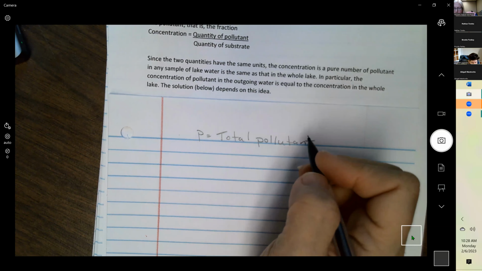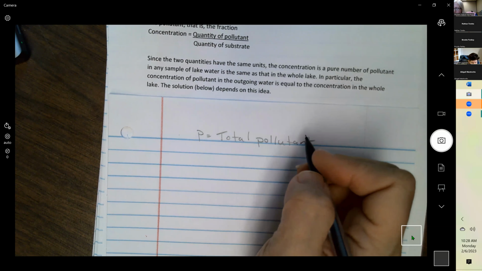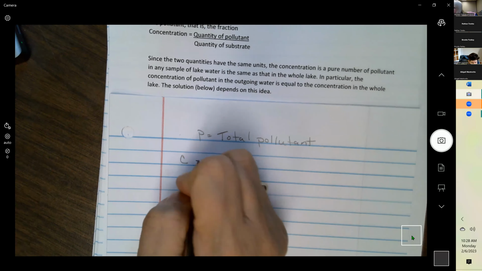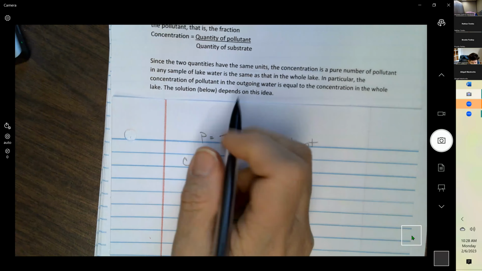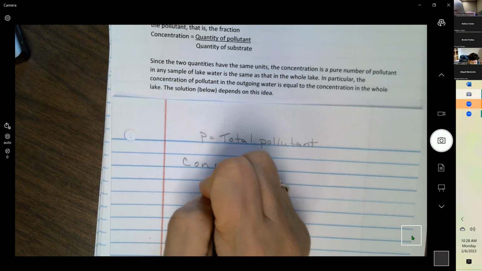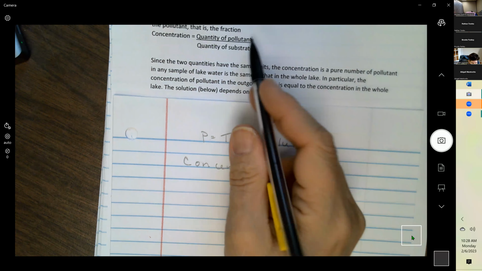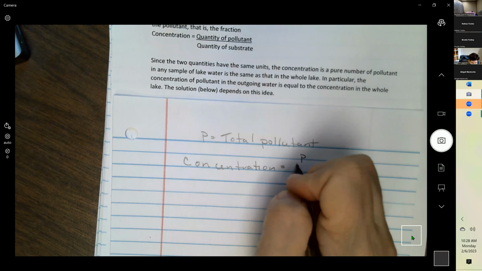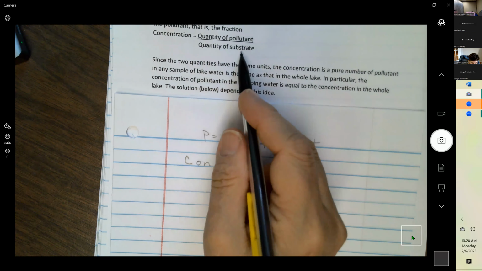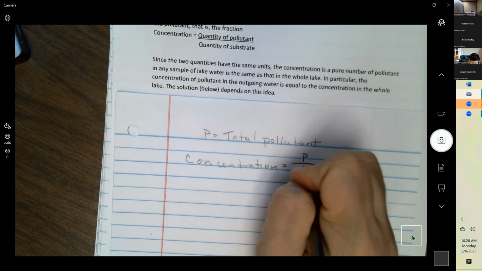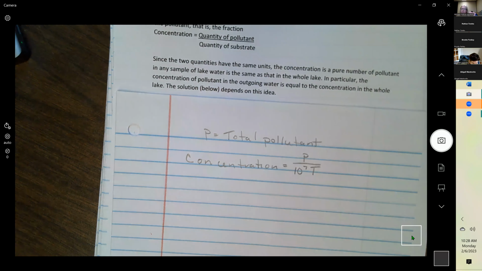And then the concentration of the pollutant in the lake water is... so we have the quantity of the pollutant, we're letting that be P. The quantity of the water is 10 to the 7 tons.